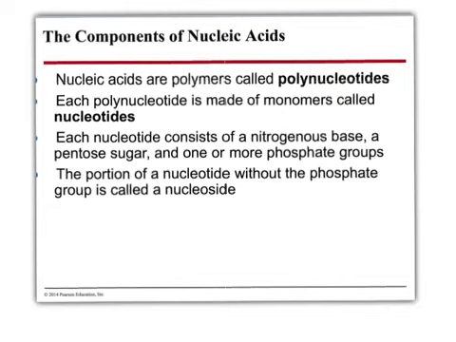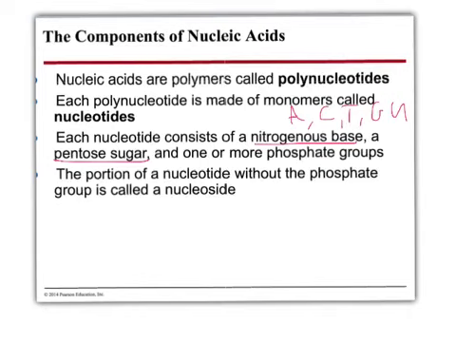All right, so we have a pentose sugar, nitrogenous base, which would be A, C, T, G, U. You all know those, right? Adenine, cytosine, thymine, guanine, uracil. All right, and then also has one or more phosphate groups, depending upon which level of nucleotide we're talking about.